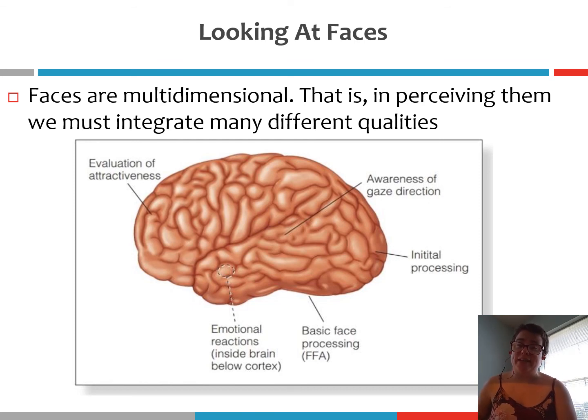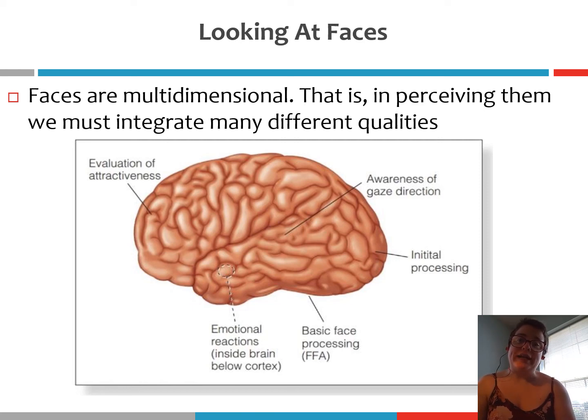But what's relevant to consider in this case is the fact that facial processing is going to require a lot more than simply just recognizing that the random blob in front of you is a face, right?